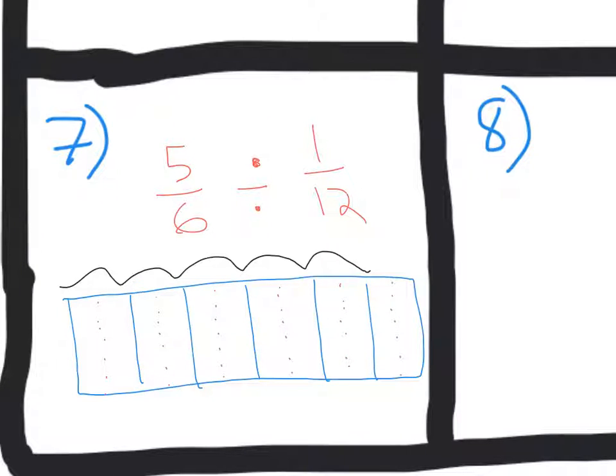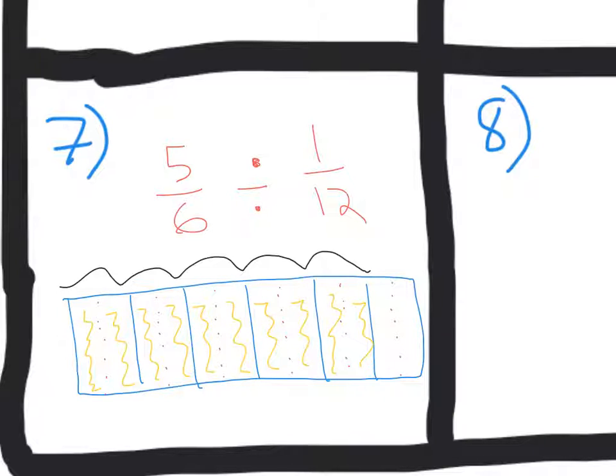All right, and let's go ahead and find out how many 12ths are in our 5/6. I'm going to use a different color for that. Let's check out yellow. So there's one piece, 2, 3, 4, 5, 6, 7, 8, 9, 10.